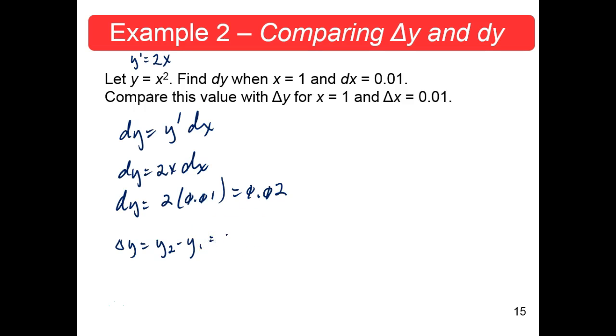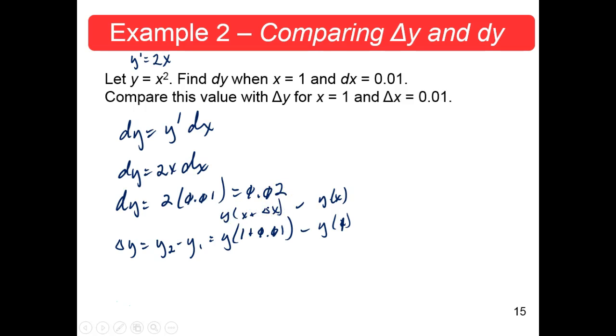So this will be y of 1 plus 0.01, that's your x plus delta x, minus y at x, where x is equal to 1. I'm sorry, I should write a 1 here. This is y of x up here.